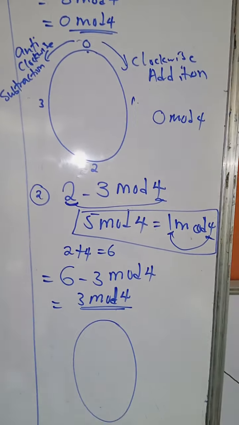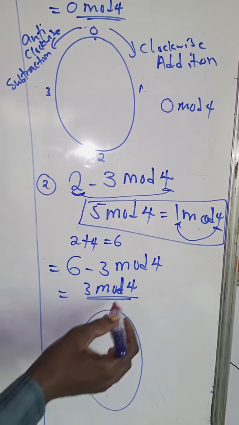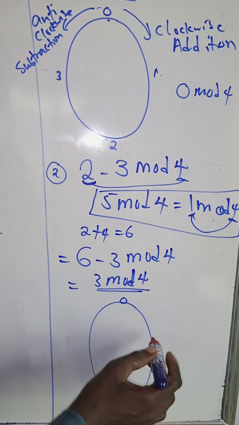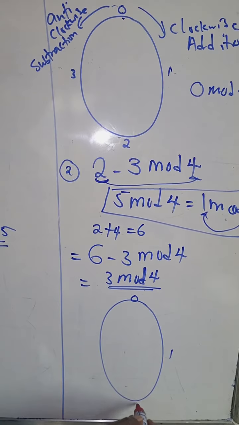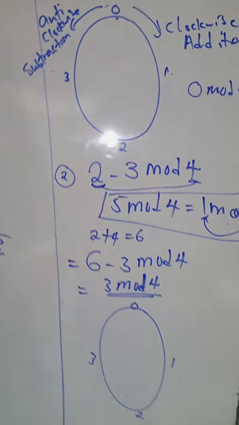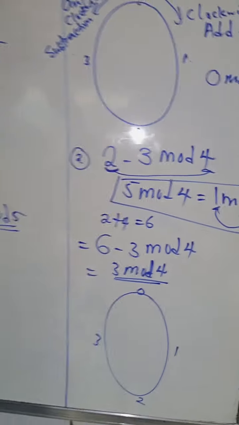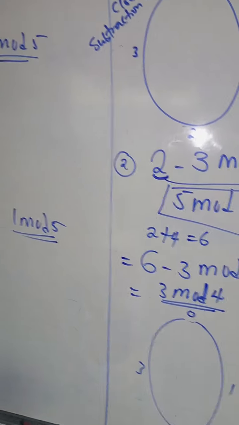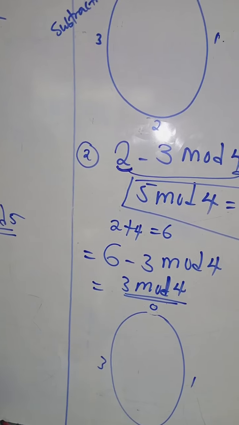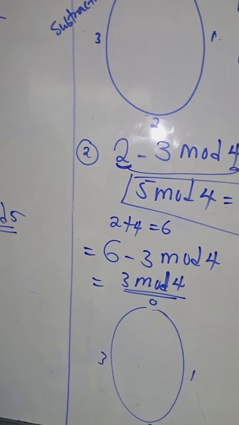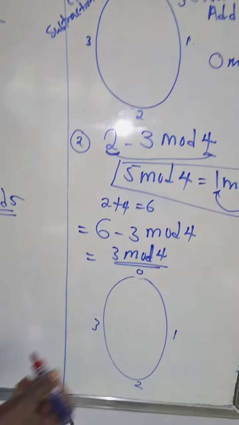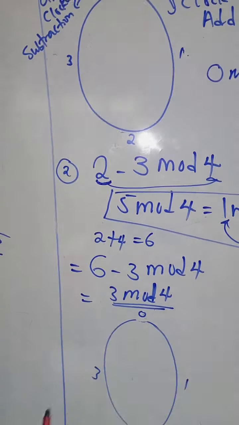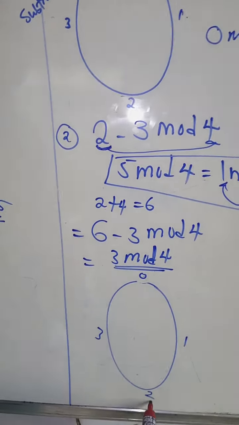If I didn't do it this way, I could use the clock form. The clock form for mod 4 would be 0, 1, 2, 3. It stops at 3. Don't forget I said anti-clockwise is subtraction. So we have 2.